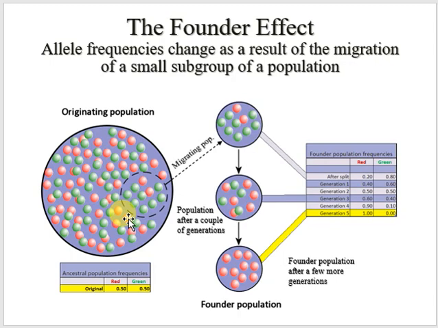Now, when this new population is established, typically only a few individuals, which we call founders, are involved in colonizing that new area. And we refer to this as essentially being an isolation bottleneck for the new population.